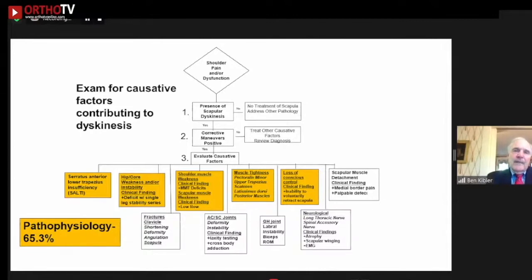They don't work well. We're talking about hip and core weakness. Once again, over half the patients. Certainly the shoulder muscle weakness that you can normally test for, muscle tightness, especially the pectoralis minor and latissimus dorsi, and then this loss of control where you really do not retract well. These are all things that can be identified on the physical exam, but they have to do with muscle activation.